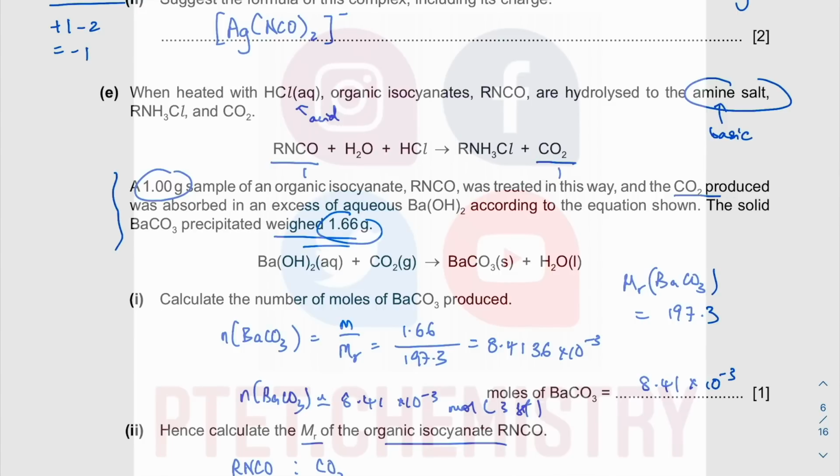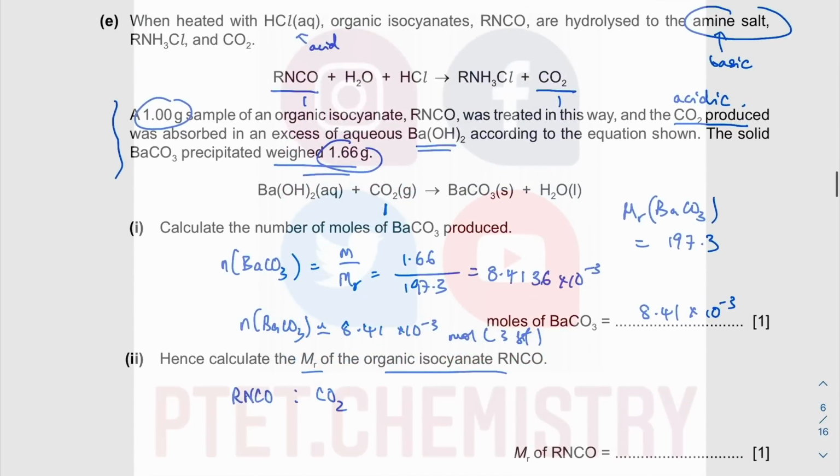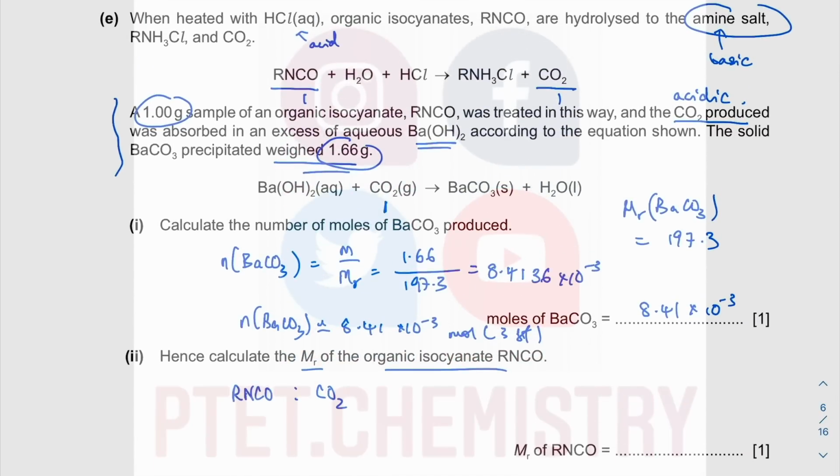The CO2, which is acidic, can react with base. Okay, so the base can react with acid to give you the salt and the water. So the CO2 here is 1, and is it barium hydroxide we're worried about? No, we are going to use barium carbonate because we have worked out barium carbonate here, right? So CO2 is to barium carbonate.